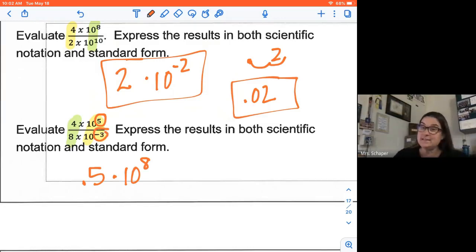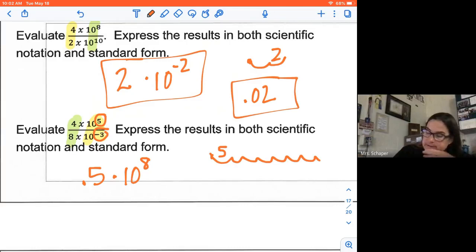Now, this isn't scientific notation because I don't have any numbers to the left of the decimal. So I'm going to write it out in standard form first. That usually helps me. So if I'm going to move it 8 spots, 1, 2, 3, 4, 5, 6, 7, 8. So 5 times 10 to the 7th.